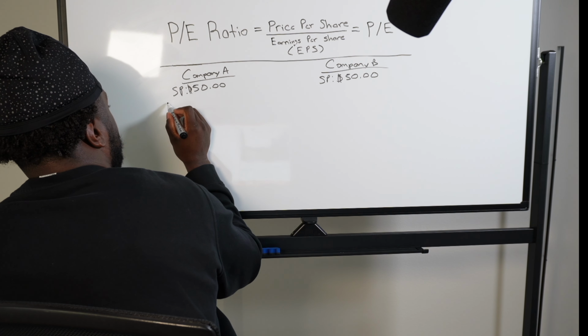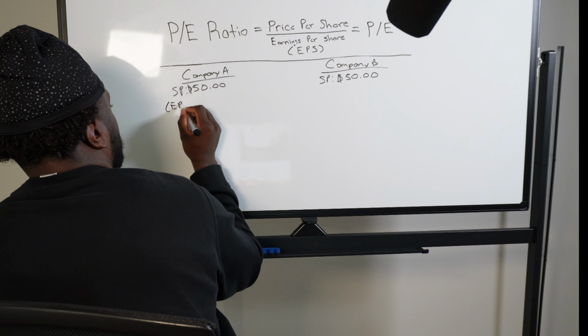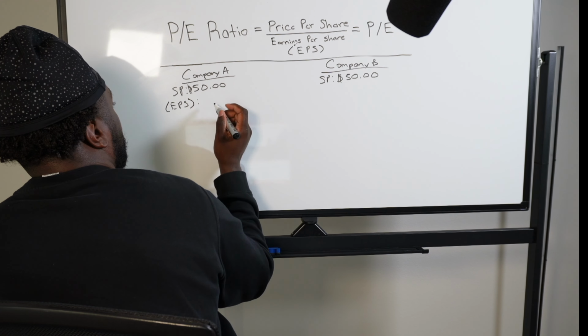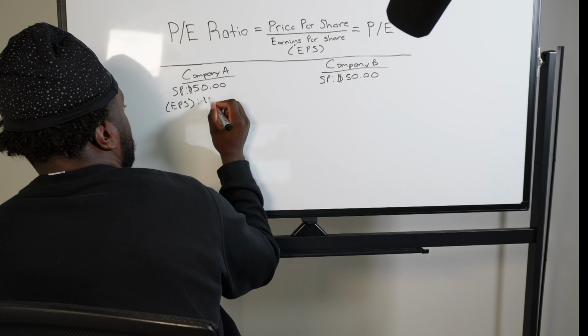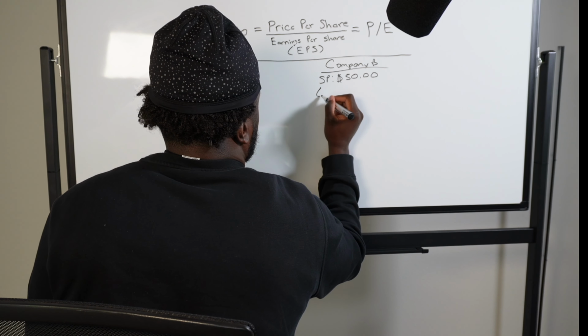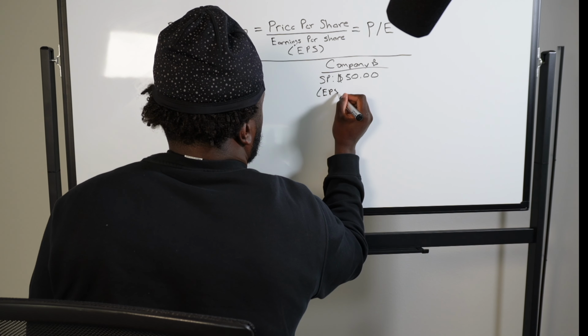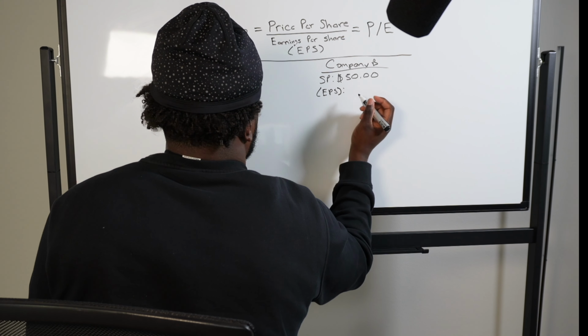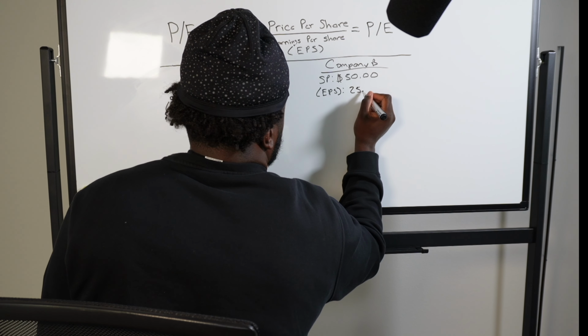Your EPS, remember, which is your earnings per share. Let's say that is 10. Earnings per share for company B, let's say this is 25.